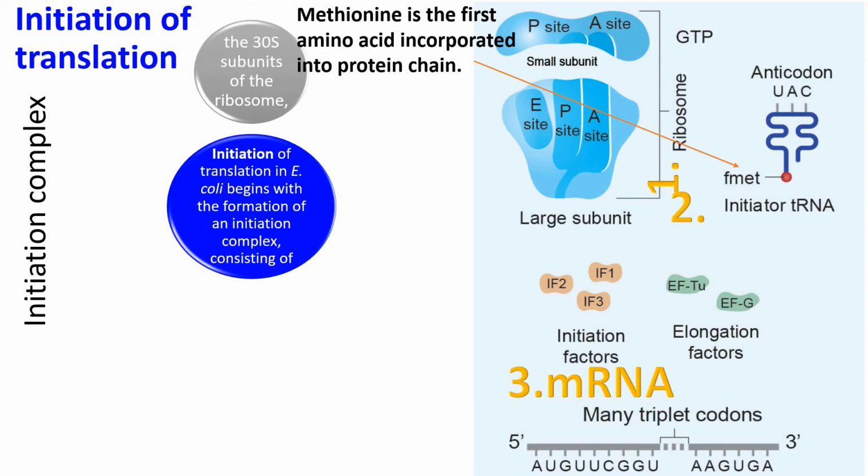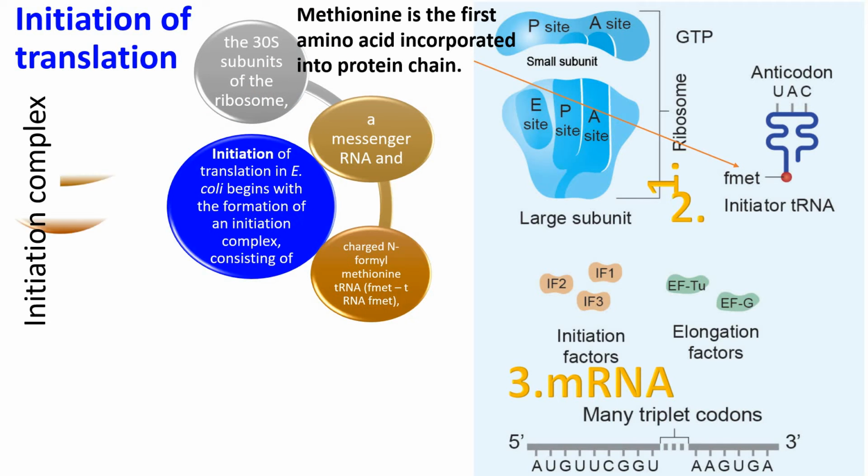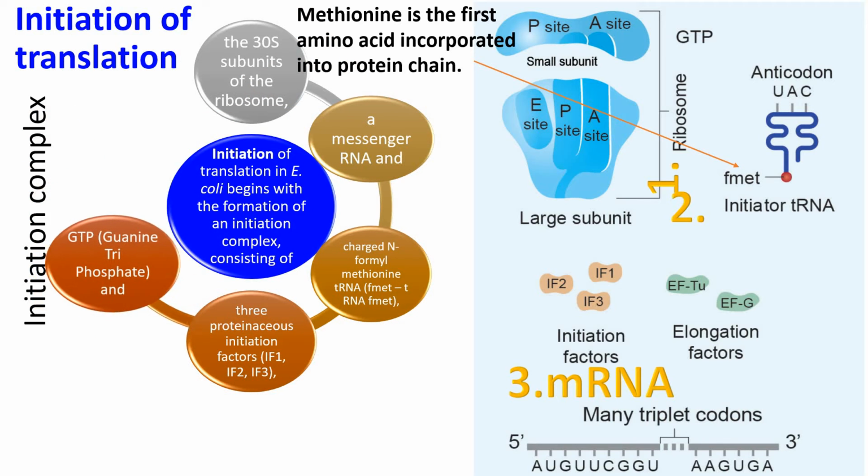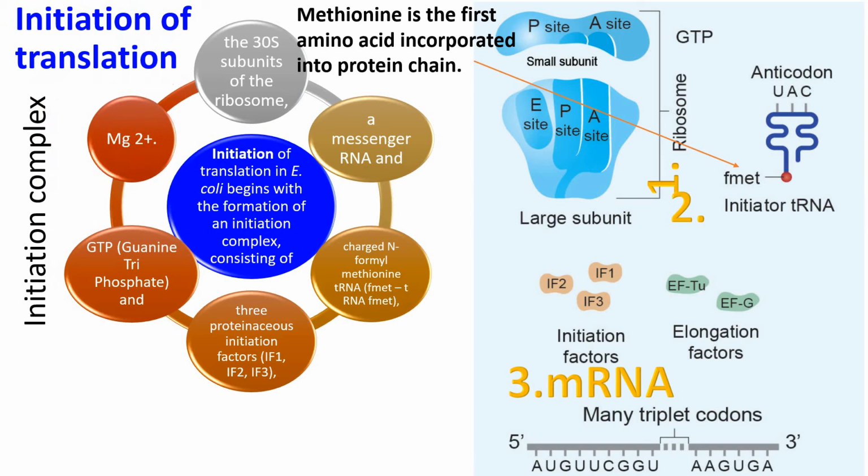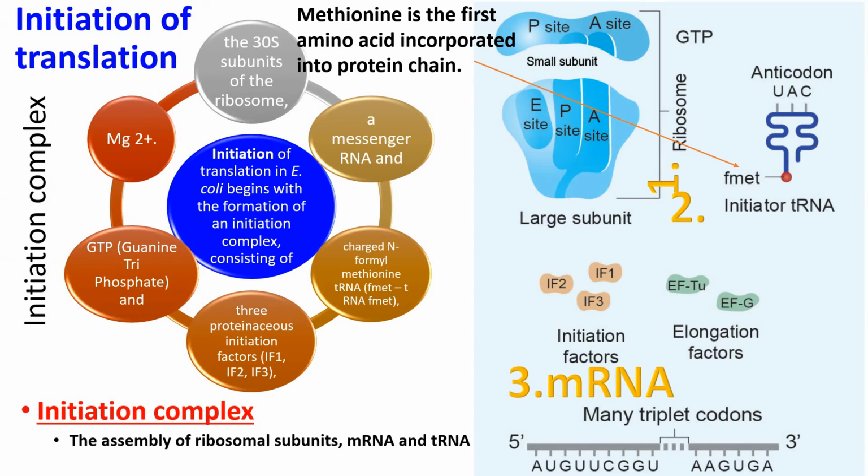First, the initiation complex. The initiation complex has three important components and three more chemical factors. What are they? The ribosomal subunits, mRNA and tRNA. Apart from that, there are three protein initiation factors, IF1, IF2 and IF3.